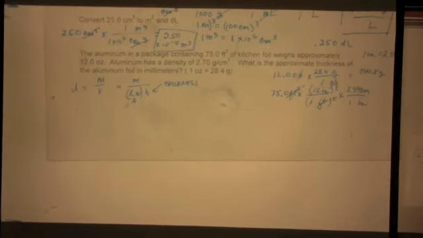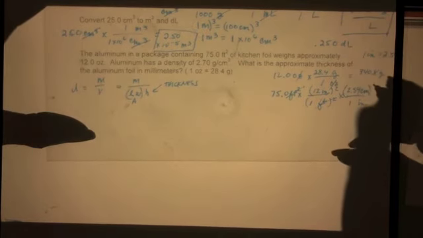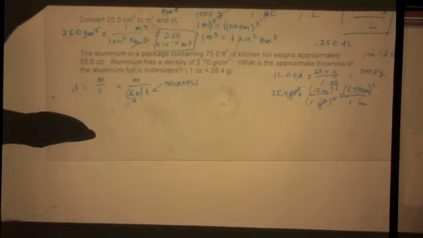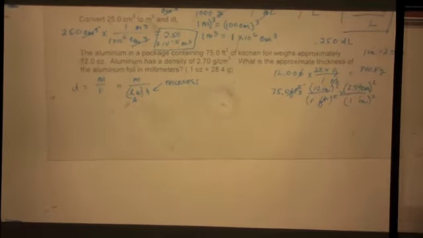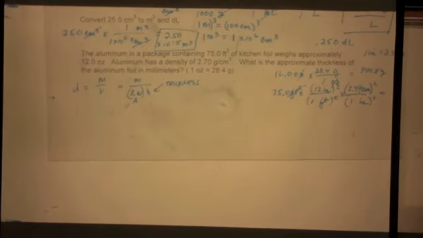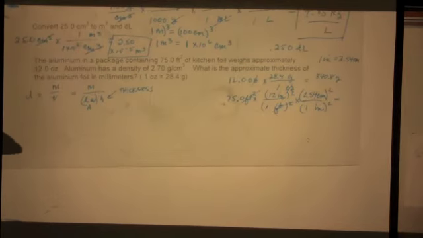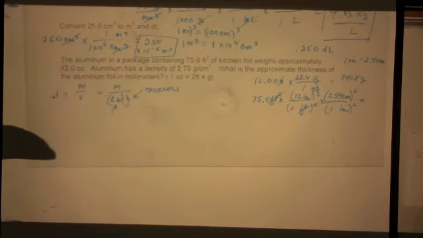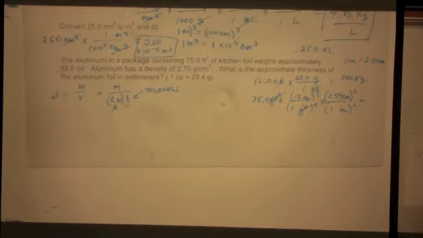2.54 centimeters. But once again, we don't want just inches and centimeters. You're going to have to square the conversion factors. You're going to have to square 2.54. You're going to have to square 1, which is just 1. But in order to get out of square inches, you have to square the 2.54.